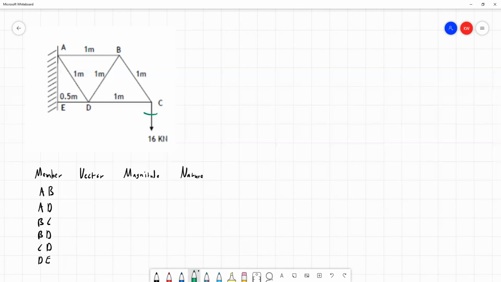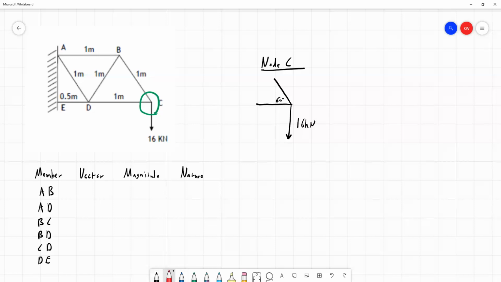So node C is this node I'm circling in green just now, and we'll draw in the lines of the forces and put the heading here for node C. We'll have a downward force, that's some kind of applied load of 16 kilonewtons, and then we have members acting horizontally to the left and up at an angle. And because the triangle BDC is an equilateral type triangle, this angle is 60 degrees.